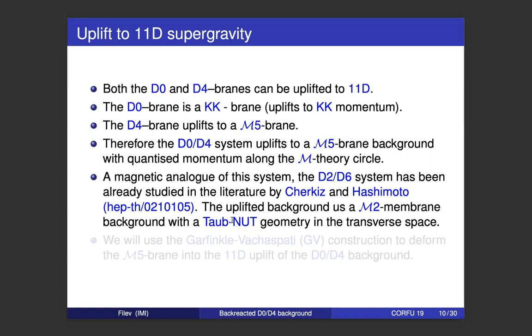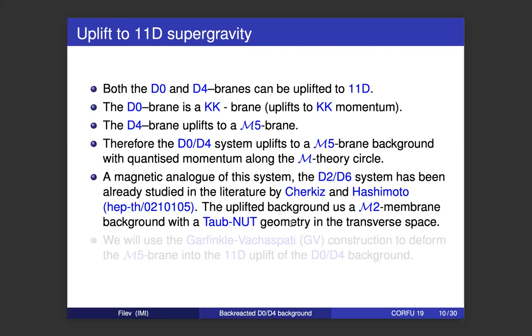Then this should correspond to the backreacted D2, D6 when you reduce to 10 dimensions. And of course, you can check that afterwards by writing down the Einstein equations, or you could write down the variations of the gravitino as usual and solve the BPS equations and see that supersymmetry will also be consistent with this background that they did.